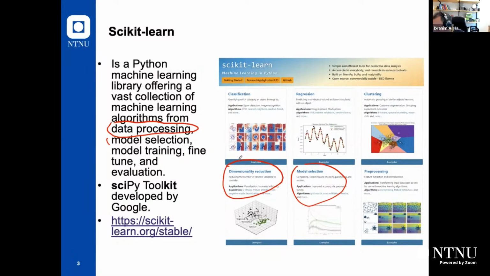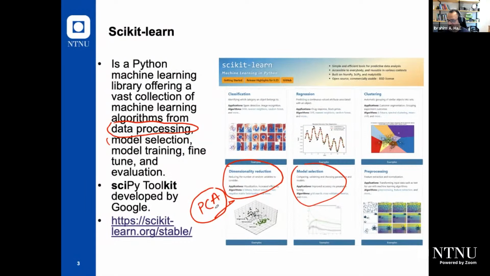There are lots of techniques in dimensionality reduction. For example, we have principal component analysis, PCA. We can use principal component analysis to reduce the dimension of our data from its original format into a lower dimensional vector. In this case, it will be much easier for you to visualize it.